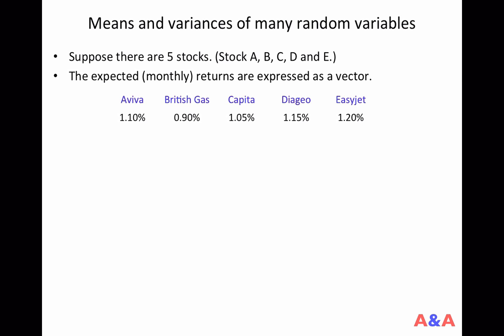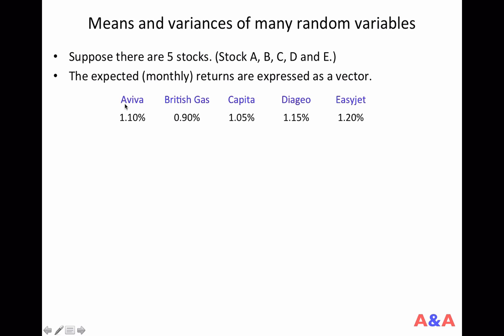which looks like this. Because there are 5 random variables, there are 5 expectations. It looks like this. Aviva's monthly expected return is 1.10%, British Gas 0.9%, Capita 1.05%, Diageo 1.15%, and EasyJet 1.2%.